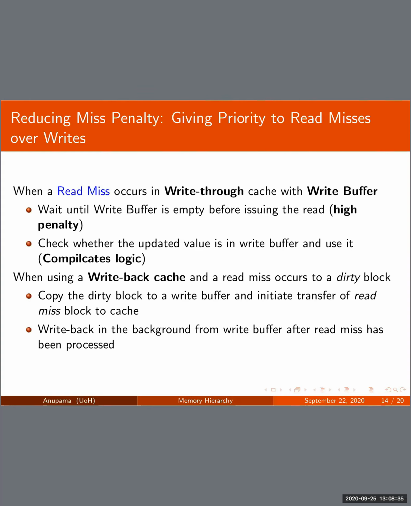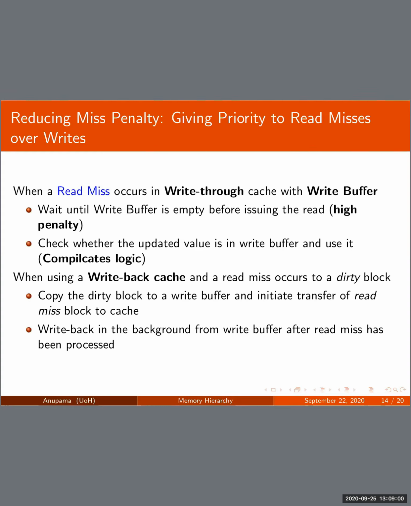So if you consider multi-level caches and you are talking about exclusion, then you will have such problems, right? Because you are going to go from L1 to a write buffer to the main memory. So this issue can come up.